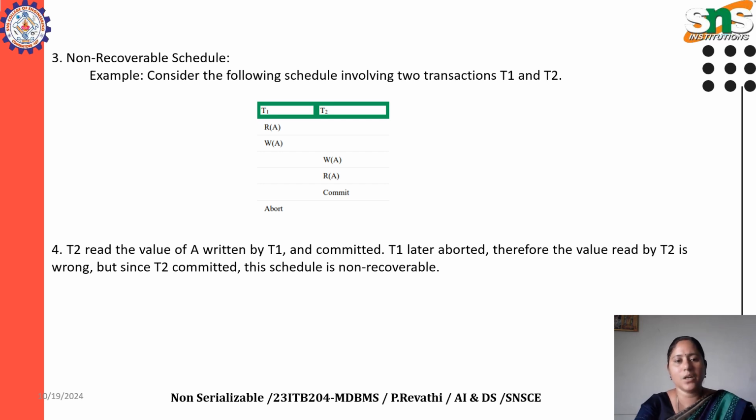T2 read the value of A written by T1 and committed. T1 later aborted. Therefore, the value read by T2 is wrong. But since T2 has committed, this schedule is non-recoverable.